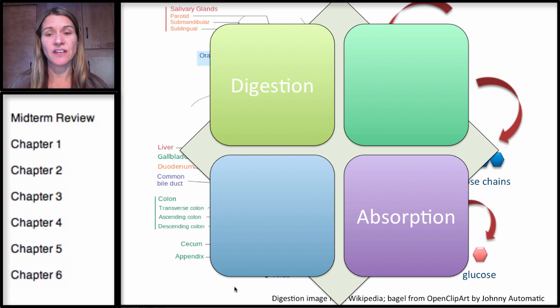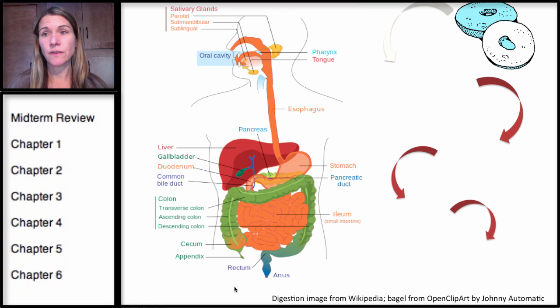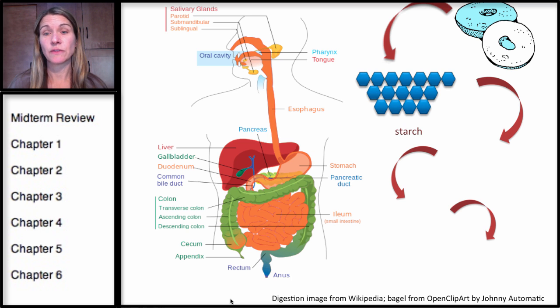So going to the digestion and absorption, let's start with a bagel. And the bagel, it contains mostly what? Starch, right? Remember, starch is the plant storage form of carbohydrate, and it ends up into these glucose chains. Let me ask you, think about this. Where does starch digestion or carbohydrate digestion begin?